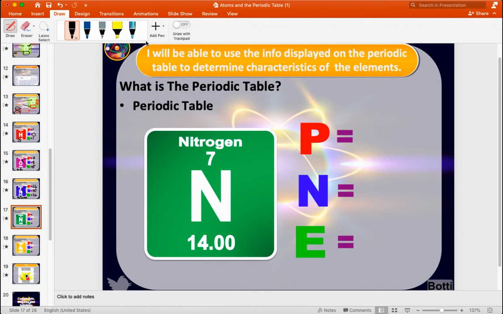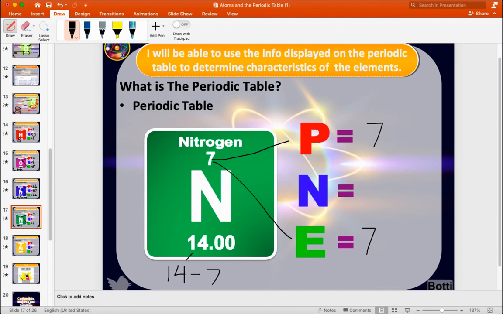Let's do another one. So we're going to look at nitrogen. Nitrogen has an atomic number of 7. We know that we can look at our atomic number to tell us the number of protons and electrons, because we're assuming this is a neutral atom. And then we're going to do our little bit of math. This one just happens to be a whole number, so we know we can subtract our atomic number from our atomic mass.